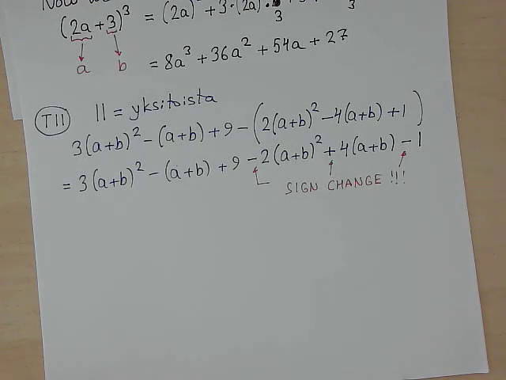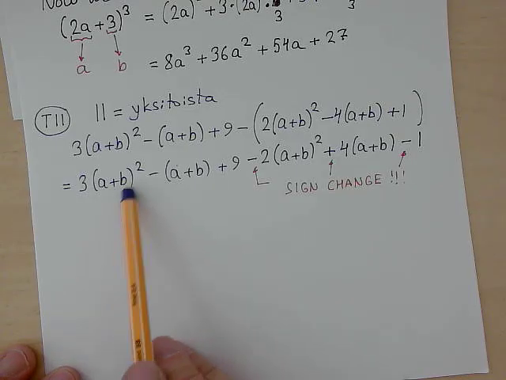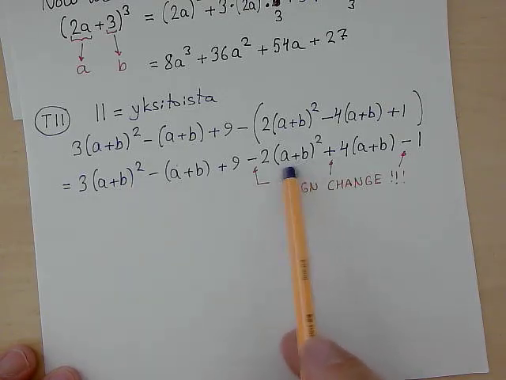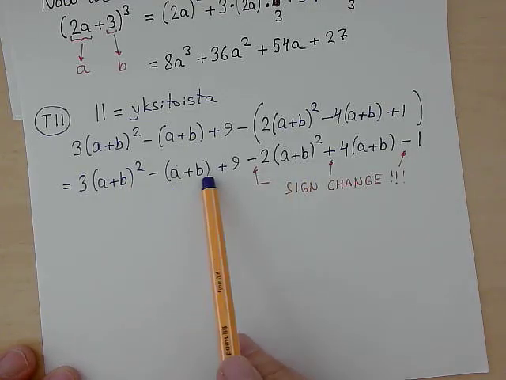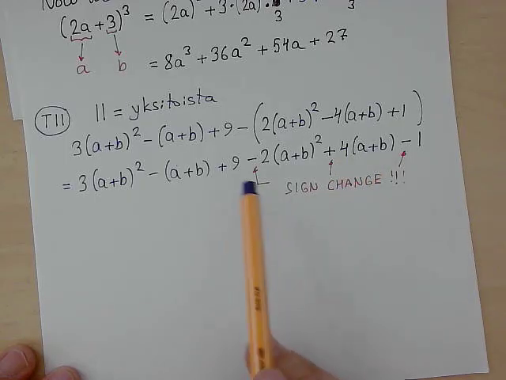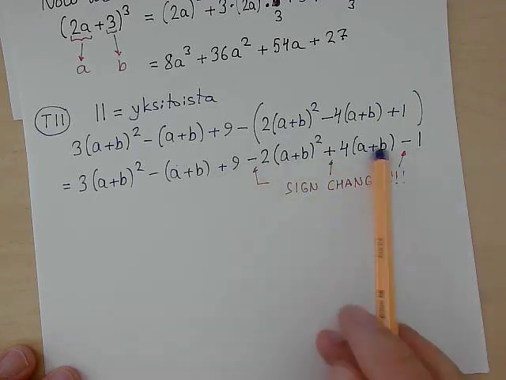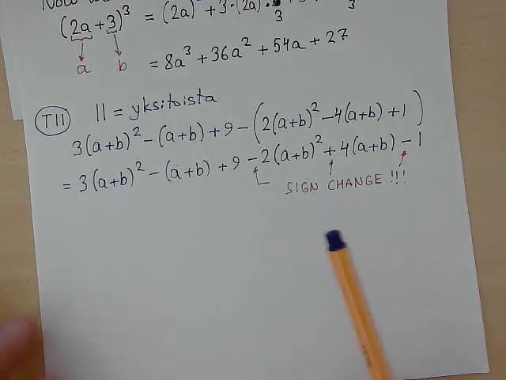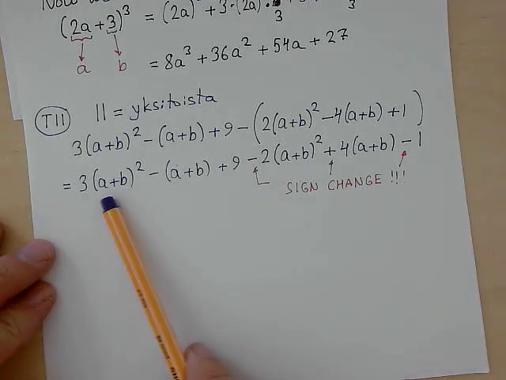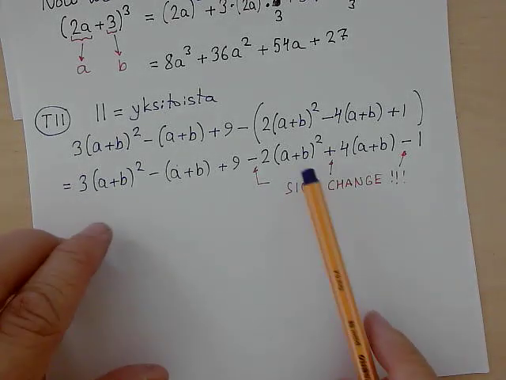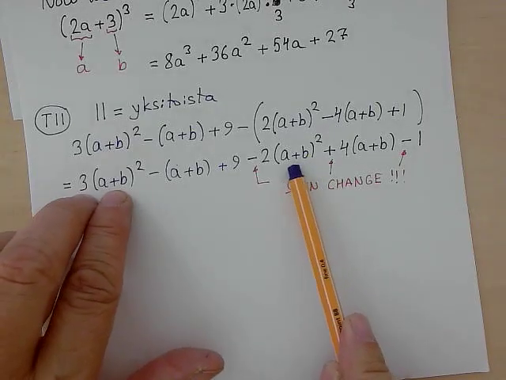And now we have (a plus b) squared in two places, and then we have (a plus b) in two places, and then we have simple numbers in two places. So let's combine those. What will we get if we combine these two here?